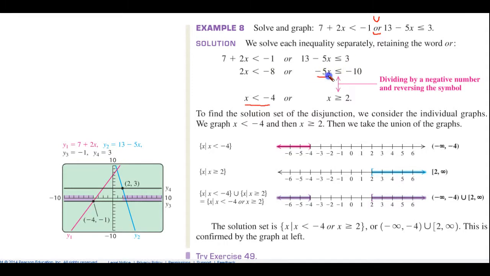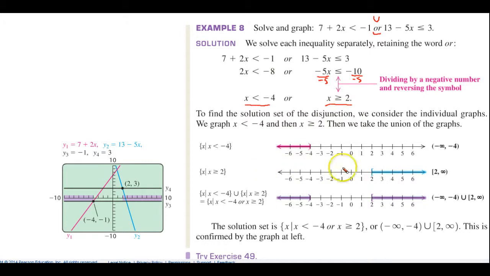And then when you divided this by a -5, both sides, to keep this statement true, you had to reverse the sign. Okay? So you've got to this, and now you're going to graph this one. You're going to graph this one.